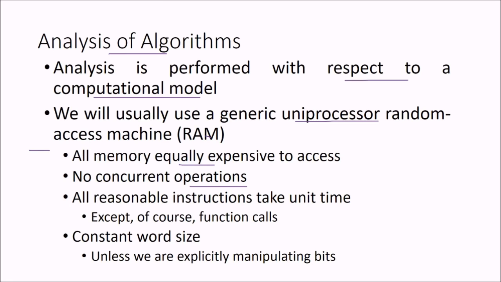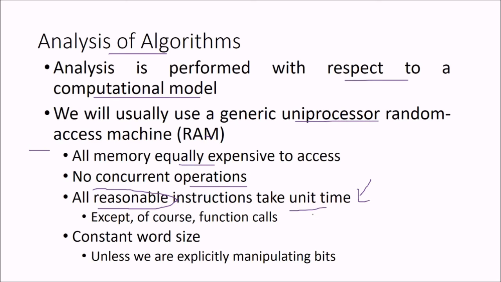Then all reasonable instructions take unit time. Whichever instruction we use, they are taking unit time. This again is not true, but for the sake of completing the analysis of algorithms, we need to generalize and put in front of you what we should consider, and you should also be in this line only.